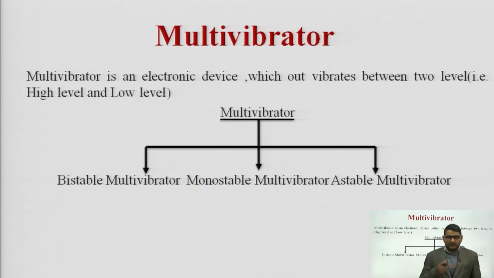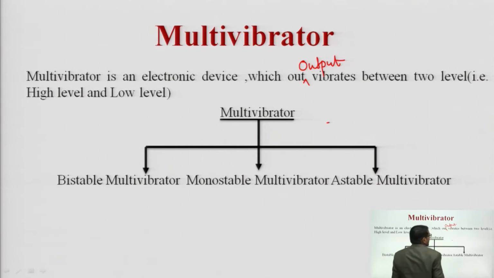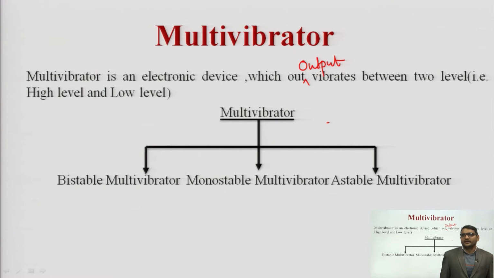Multivibrators have three categories. First is the bistable multivibrator, second is the monostable, and third is the astable.